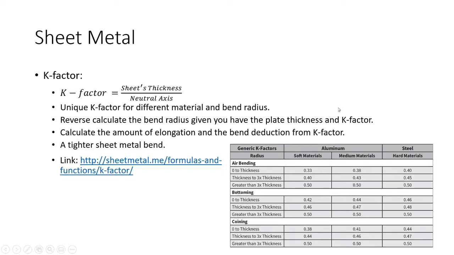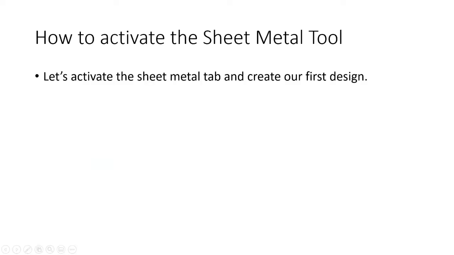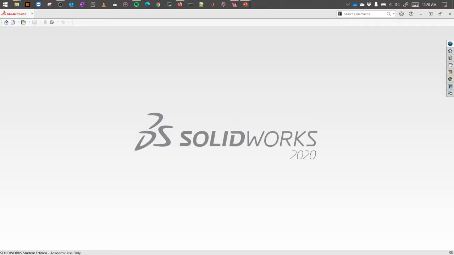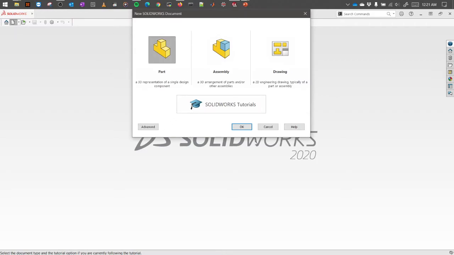Okay, now that you know these things, let's first activate the sheet metal tool on SolidWorks and then create our first design. Okay, so we started SolidWorks. Let's start a new part design. Click OK.